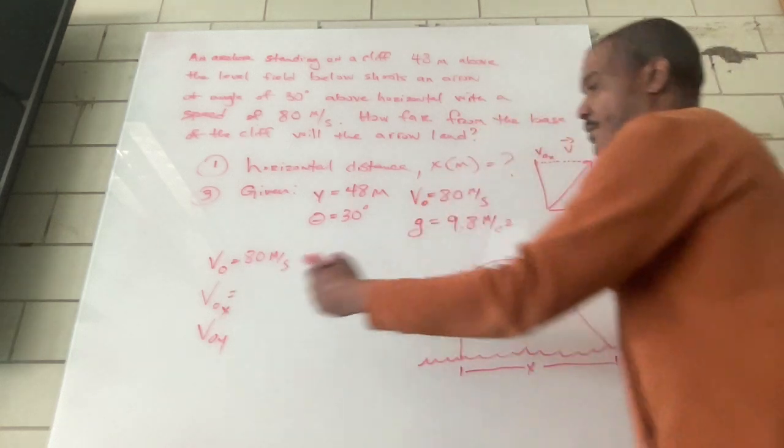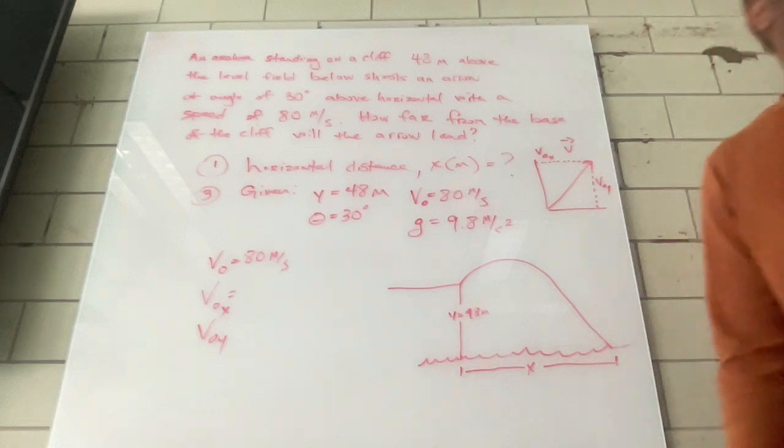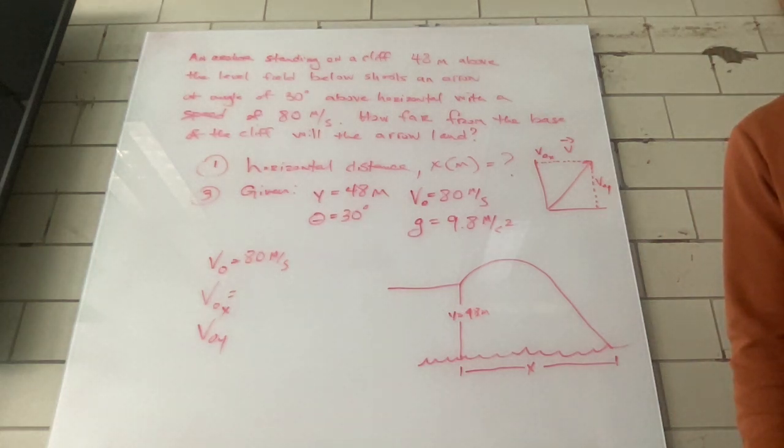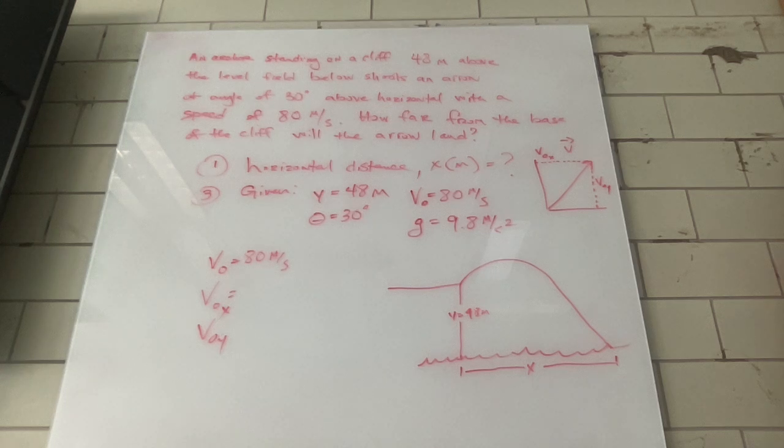So we're gonna do that here. What's V0x going to be? 80 cosine 80 degrees? That's not it. No, you did that because the last one was 30 sine 30 degrees.